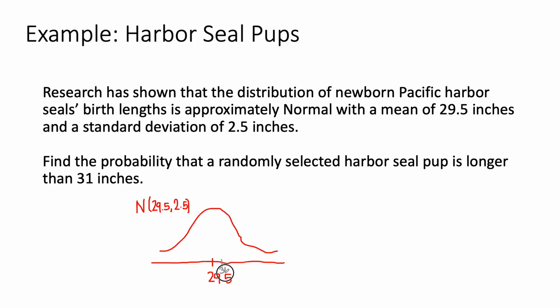So here's 31 inches. And I want the probability that it has a length longer than 31. So I am going to shade everything to the right of 31. All right, so that's the kind of picture that we're looking for. Let's flip the slide to see that a little prettier.